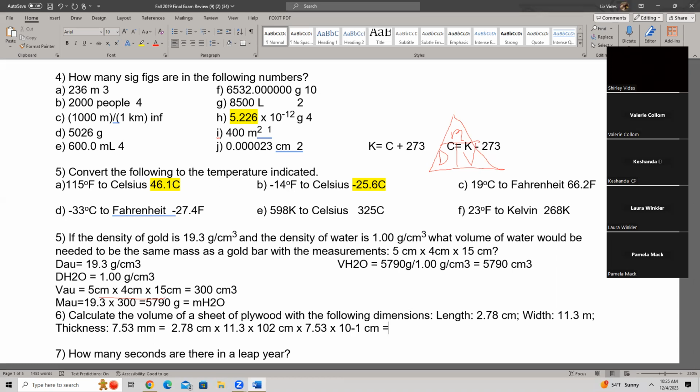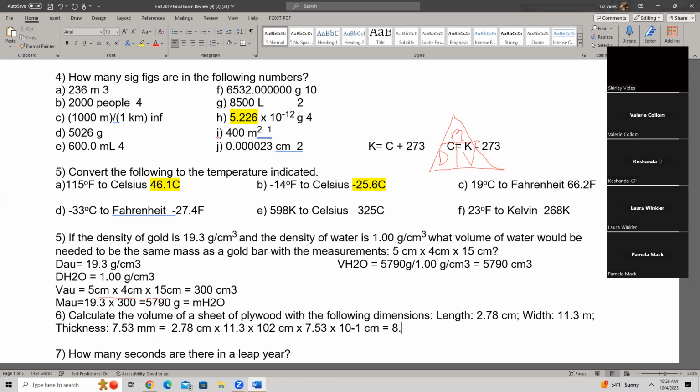So just do 2.78 times 11.3 times 7.53. You notice that that's the unifier right there. Okay, so I get, and we need to stick to 3 sig figs, so 8.79, right? That's what I get.